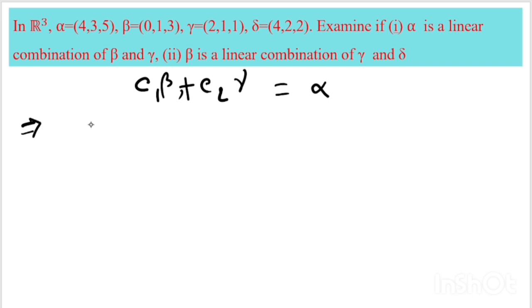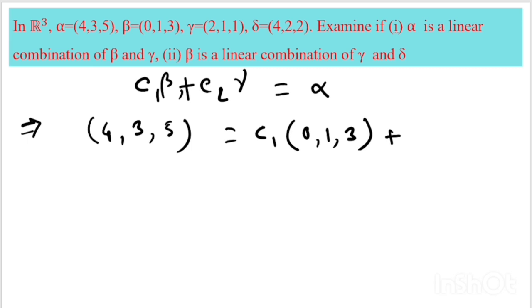So alpha is (4, 3, 5). Then c1 beta plus c2 gamma.